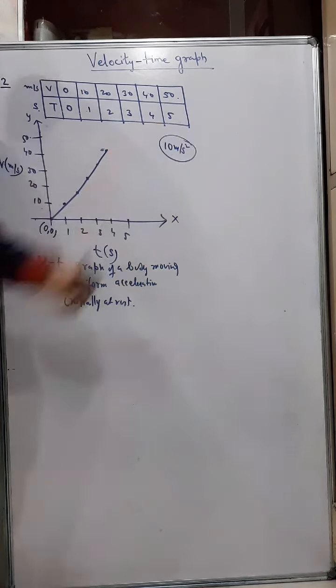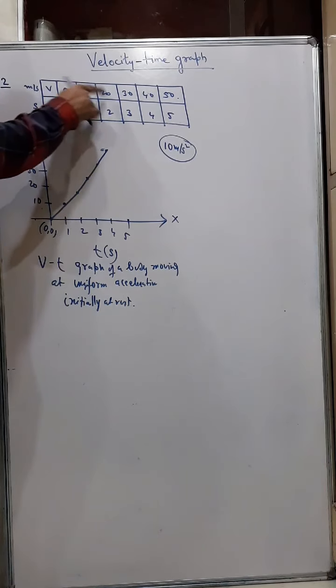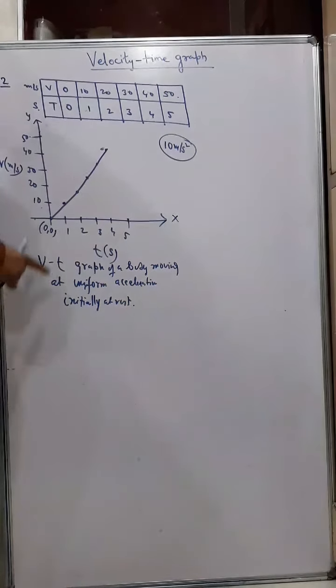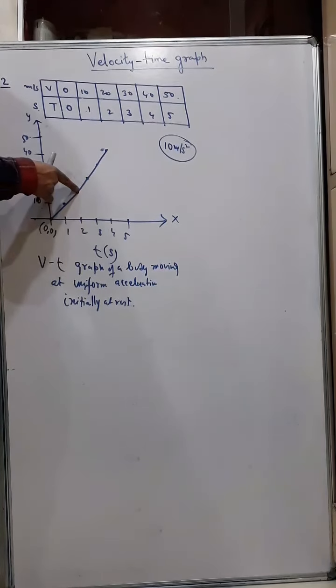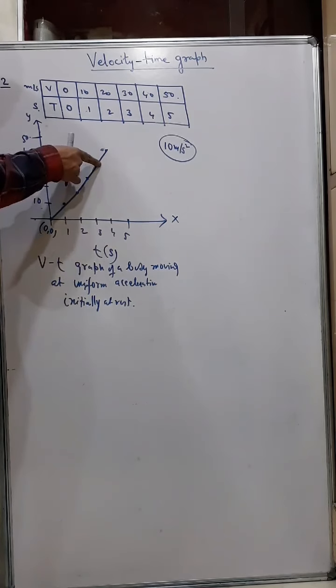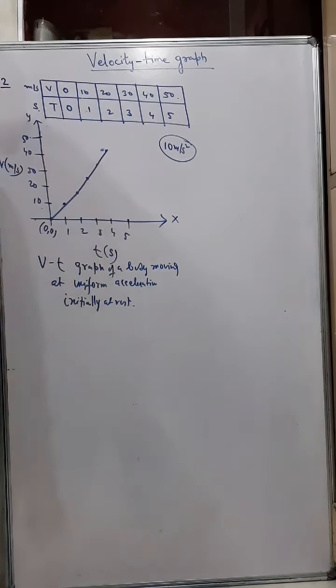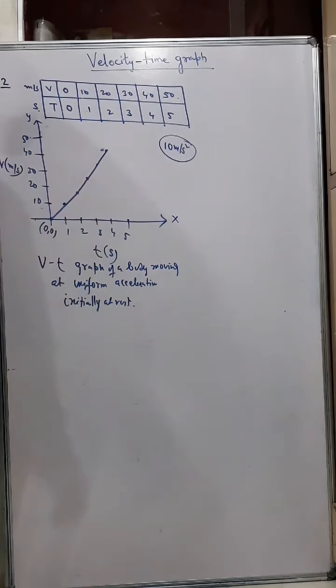Is it not? Acceleration. So that means after every 1 second the speed is increasing by 10, 10, 10. So therefore initially rest, after 1 second the speed is 10, after 2 second it increased to 20, after 3 second 30, after 4 second it become 40, and after 5 second it become 50. So that means the speed is increasing by equal amount.